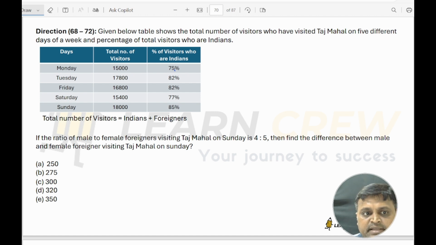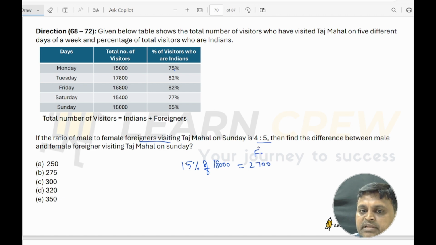The ratio of male to female foreigners visiting Taj Mahal on Sunday is 4:5. On Sunday, 85% are Indians, so 15% of 18,000, which is 2,700, are total foreign visitors.